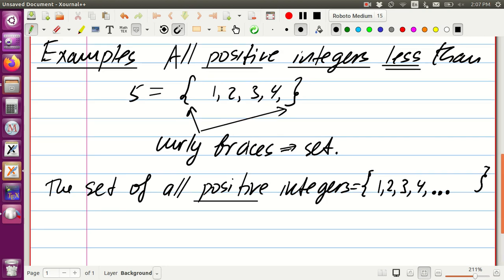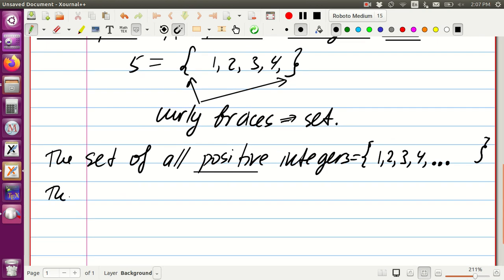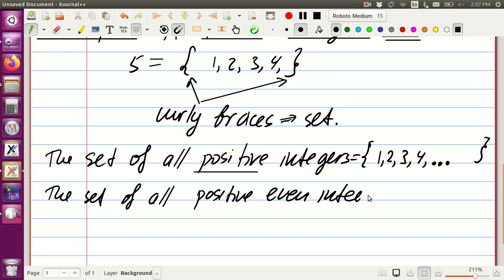And what else we can put here? We can put the set of all positive even integers. So what we would have to include here?